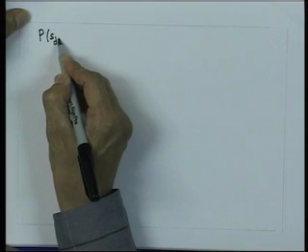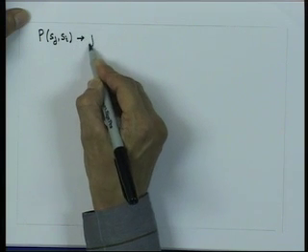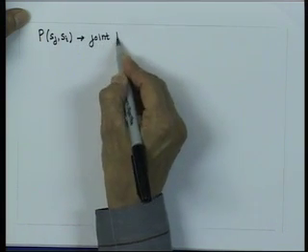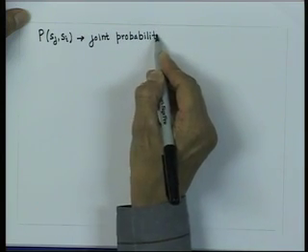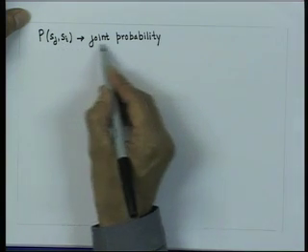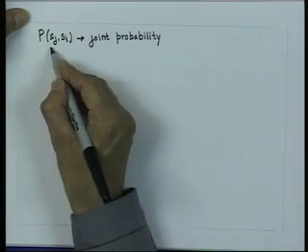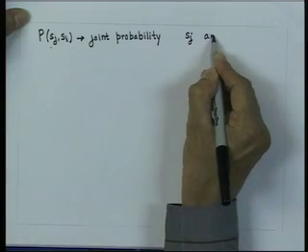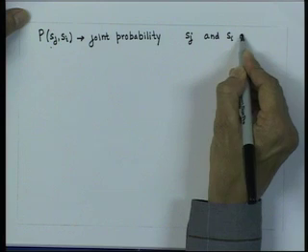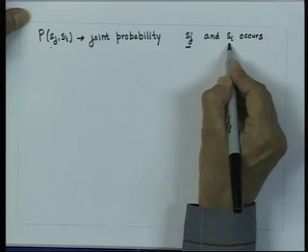Let us define the probability of Sj Si as the joint probability. This is the joint probability that the source is in the state specified by Sj and Si occurs. So, I am in the state Sj and then Si occurs.